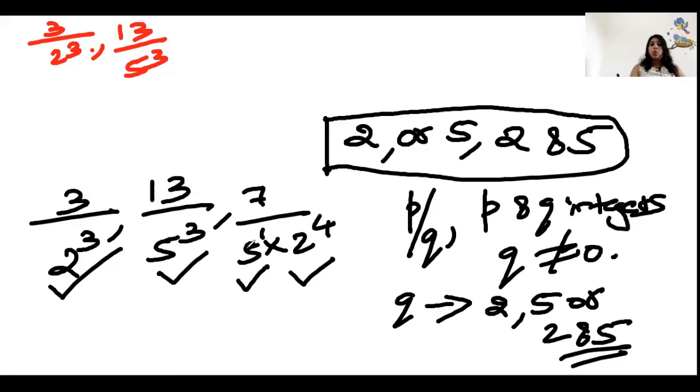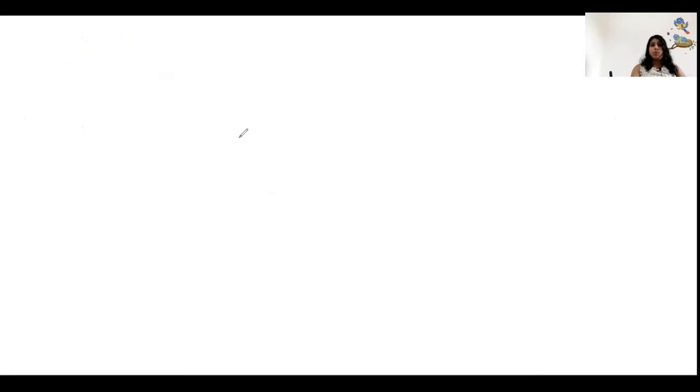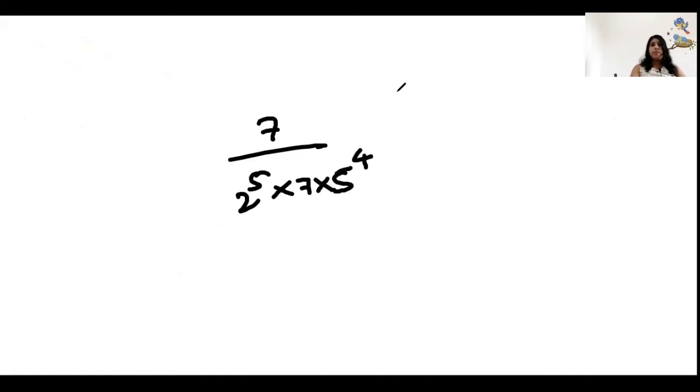So whenever only 2 and 5 are there in the denominator, we come to know that they are terminating decimals. But if any other number is coming there, suppose I am saying 7 divided by 2 raised to 5 into 7 into 5 raised to 4, we can analyze the denominator and find the answer.